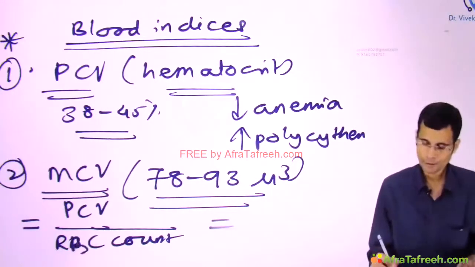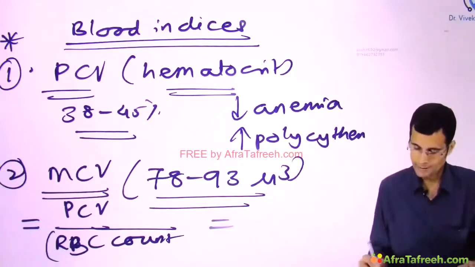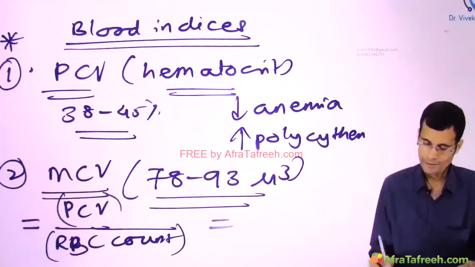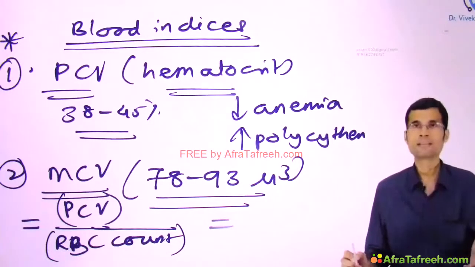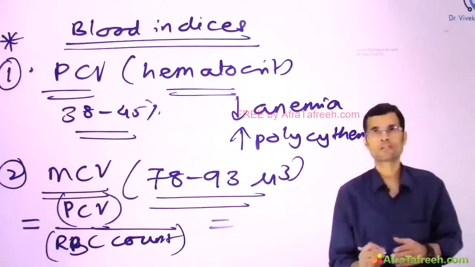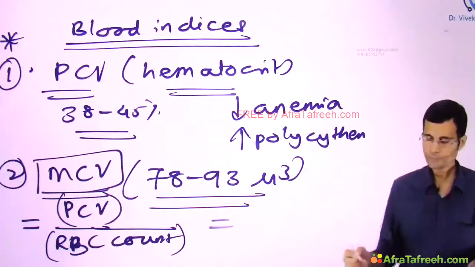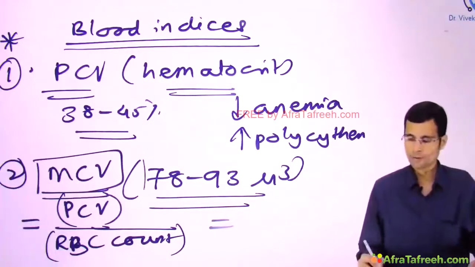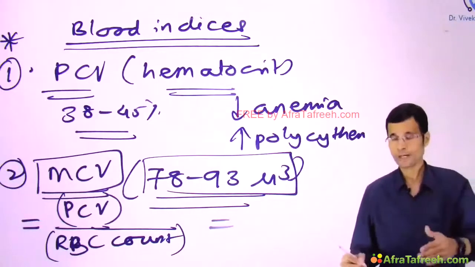It's very simple to understand. These many RBCs have this much packed volume, then one RBC will have how much volume on an average? That's the mean corpuscular volume. Normal value is 78 to 93 cubic microns.